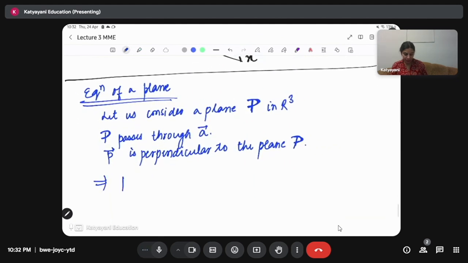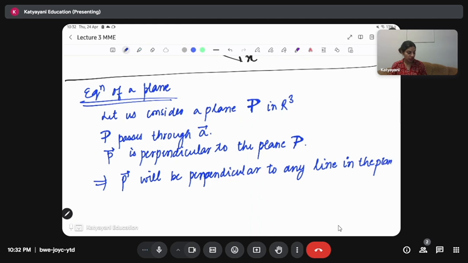Then this implies that this vector P will be perpendicular to any line, right? If it is perpendicular to the whole plane, then it has to be perpendicular to any line in the plane, right? Whatever line is in the plane, it will be perpendicular to that too.